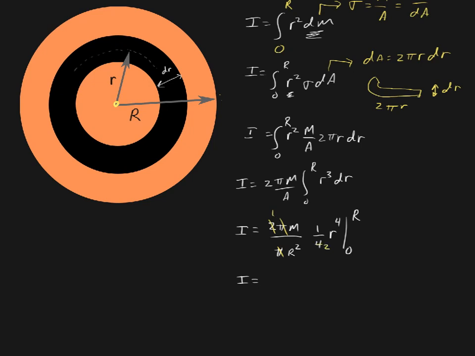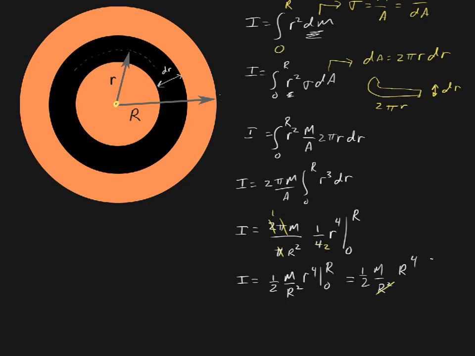So you should be able to see that we're starting to get close to that 1/2 mr squared, because what we have is 1/2 m over capital R squared times r to the fourth, evaluated from 0 to capital R. And it should be obvious that we're going to end up with 1/2 m over capital R squared times capital R to the fourth.